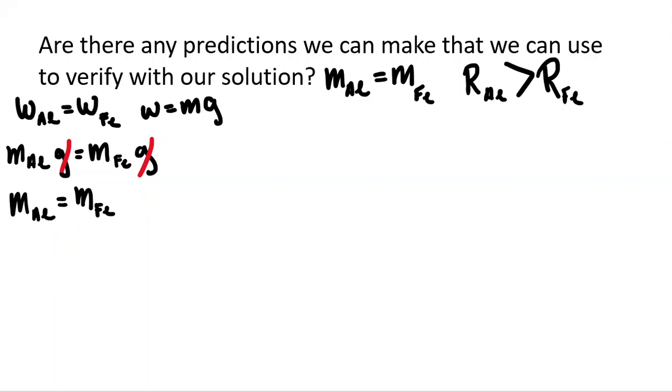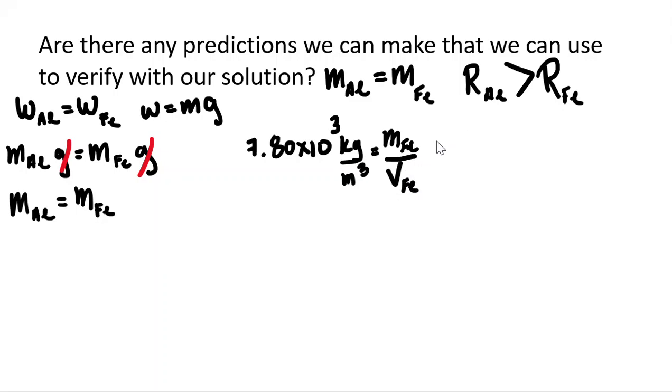Okay, awesome. Now for the second prediction, that the radius of aluminum should be greater than the radius of iron, let's consider their densities for a moment. We know that the density of iron is 7.80 times 10 to the third kilograms per cubic meter, and that is equal to the mass of iron divided by its volume.